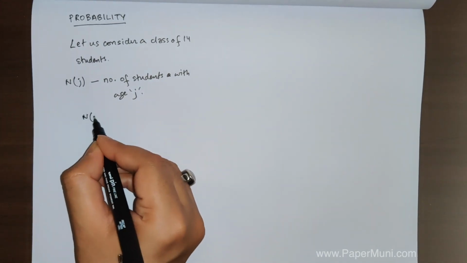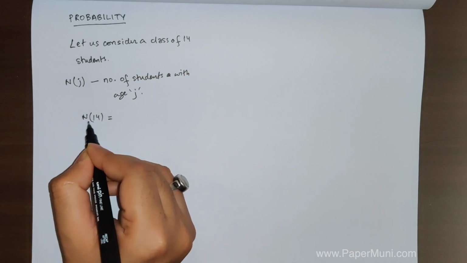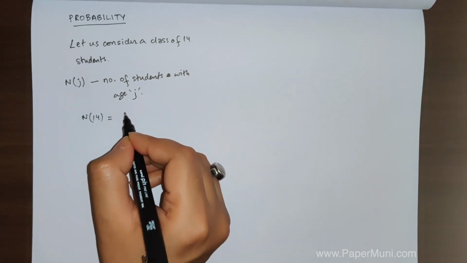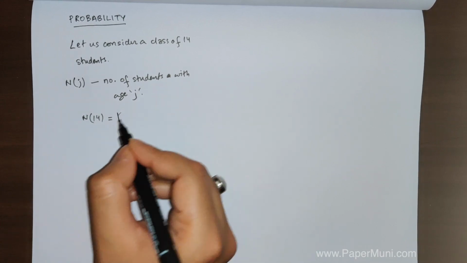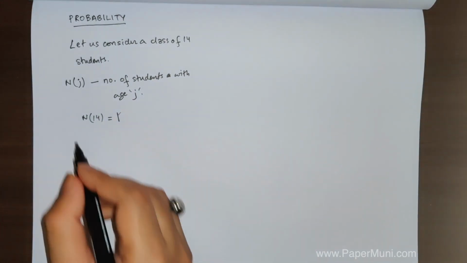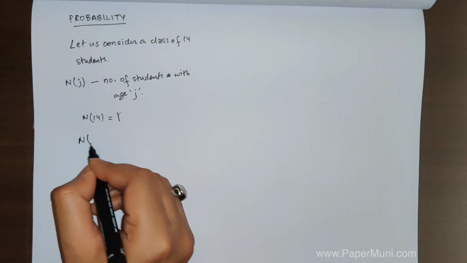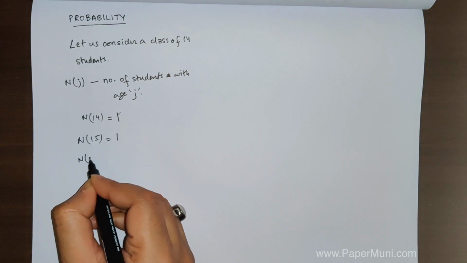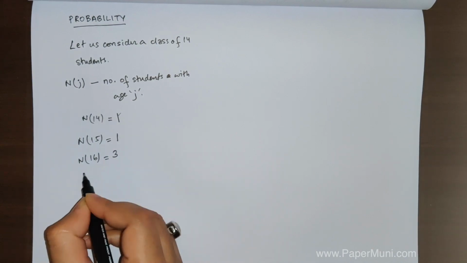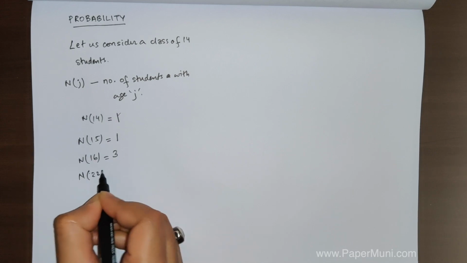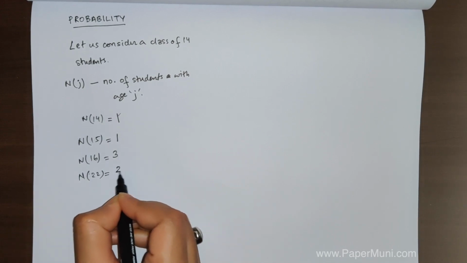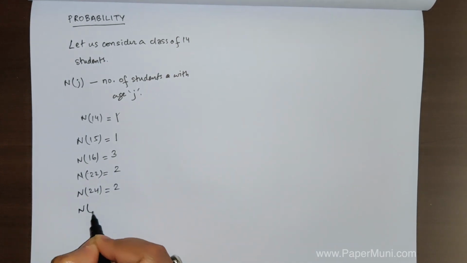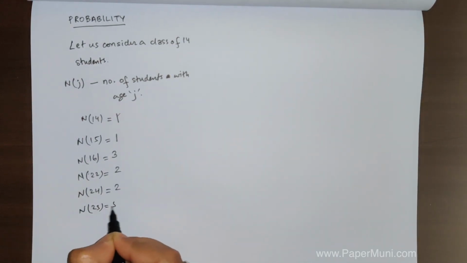What does it mean? If I write n of 14, that is the number of students with age 14. This is the age here. Let's take it to be 1. We take a survey of the students and find that the number of students with age 15 is 1, with age 16 is 3, with age 22 is 2, with age 24 is 2, and with age 25 is 5.